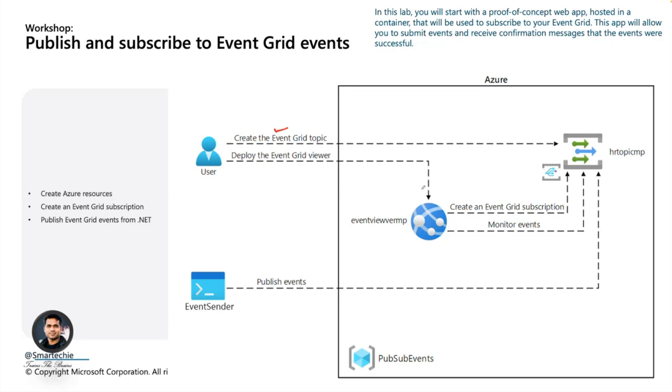Now one web app will be deployed, where we'll try to connect to this particular Event Grid. So whatever message comes to this topic, we should be able to visualize and monitor in our web application, right?